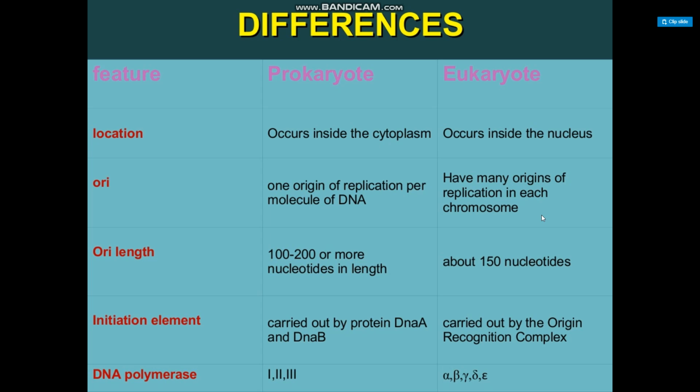DNA polymerase I, II, and III are found in prokaryotic replication, and in eukaryotic replication the DNA polymerases are alpha, beta, gamma, delta, and epsilon.